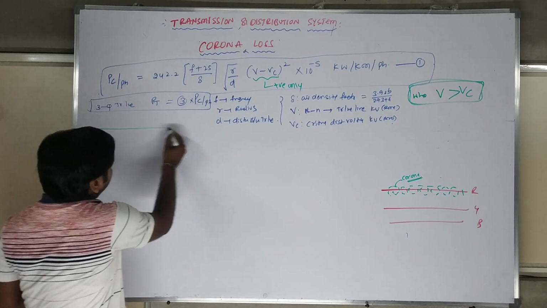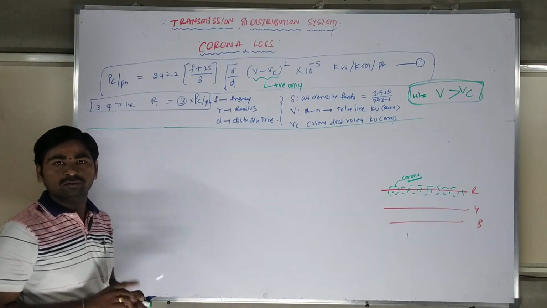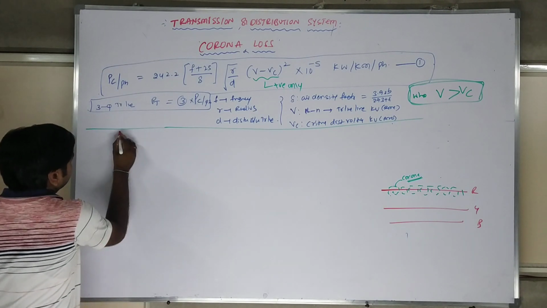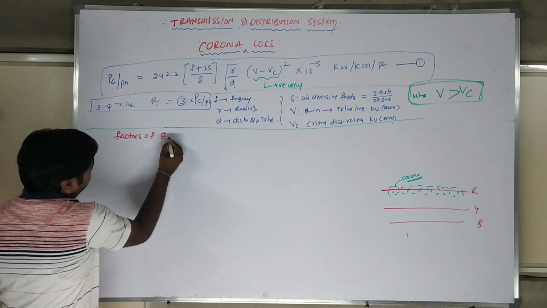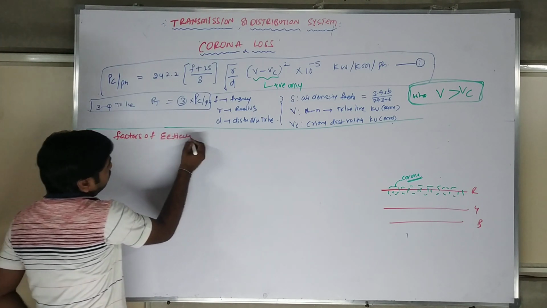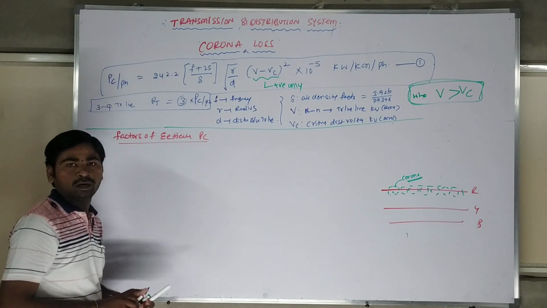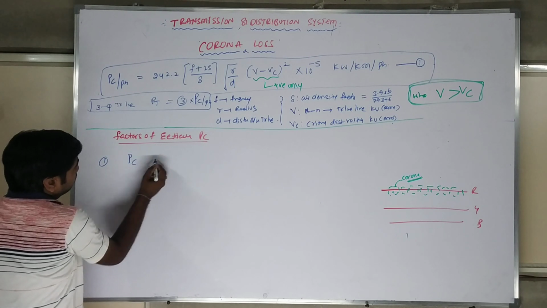Then after that, what are the factors that affect the corona loss? That also we have to see. Factors affecting the corona loss: we can write the relations. The corona loss depends on frequency also.